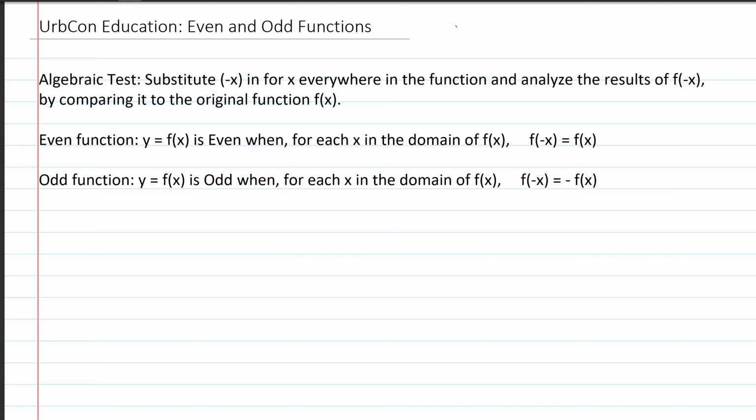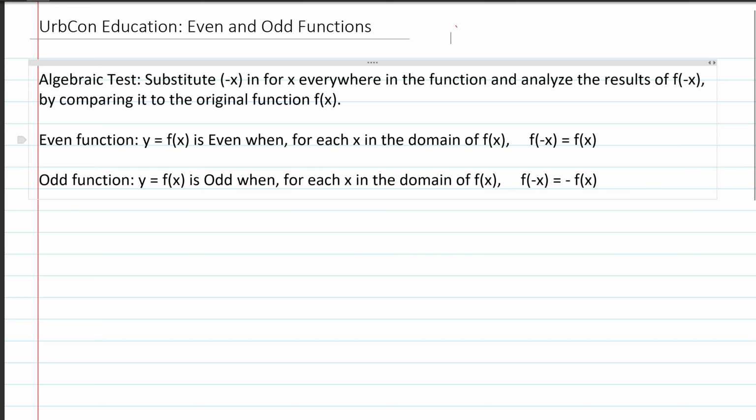We substitute in negative x for x everywhere within the function, and then analyze the results. Since we substitute in negative x, we're actually doing f of negative x. We plug that in everywhere we see an x, evaluate the function, and compare it to the original function, the f of x function.